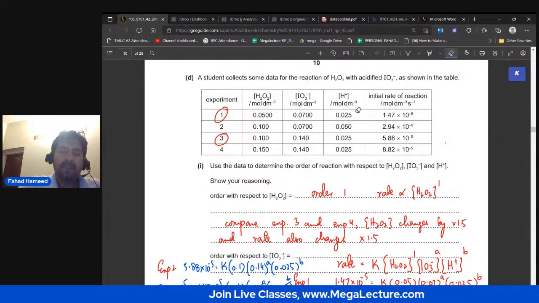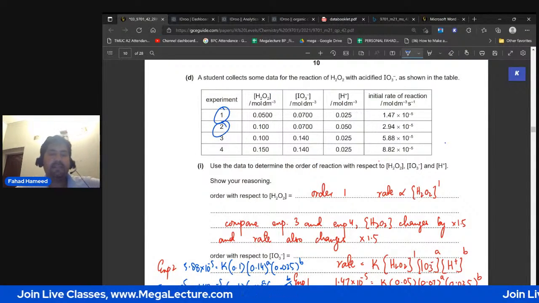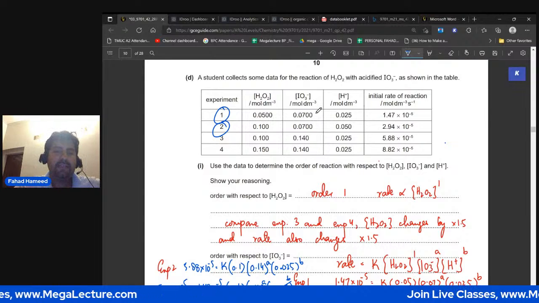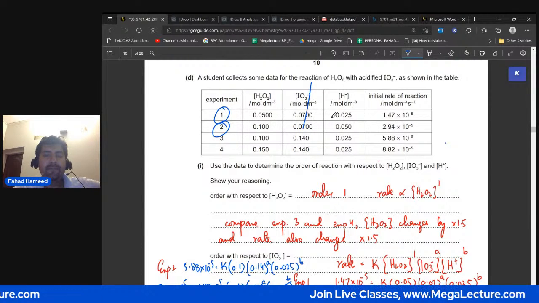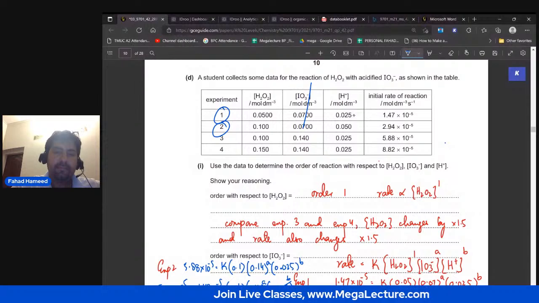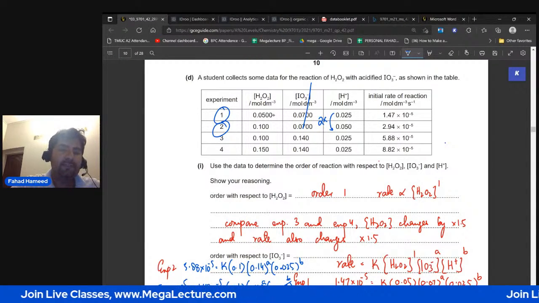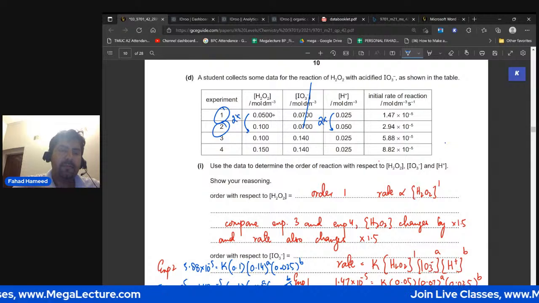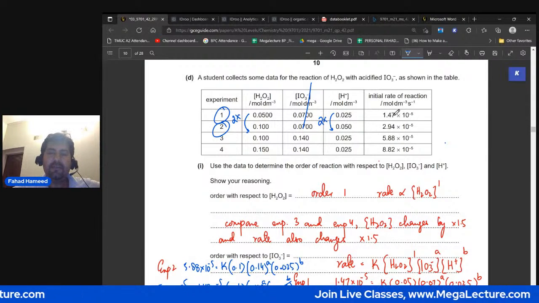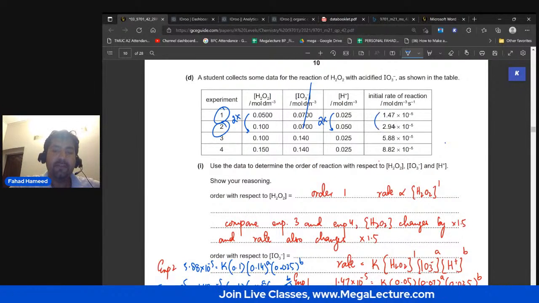You can do the same math, but let's check experiments 1 and 2. So IO3 is not playing a part because it's constant. So this thing doubles, right? And the concentration of H2O2 also doubles. What happens to the rate? 1.47 becomes 2.94. That also doubles.